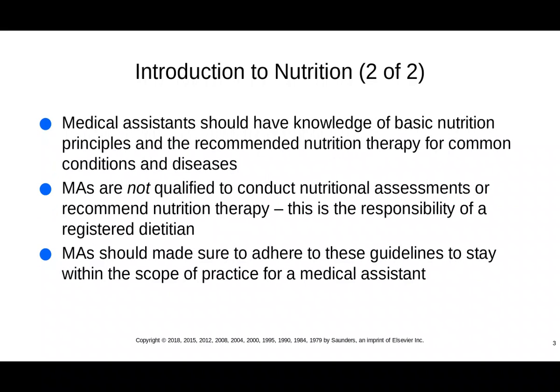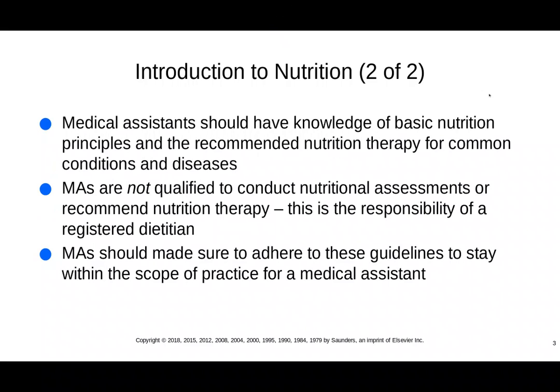Medical assistants should have knowledge of basic nutritional principles and the recommended nutritional therapy for common conditions and diseases. While MAs are not qualified to conduct nutritional assessments or recommend nutrition therapy, because this is the responsibility of a registered dietitian usually, or a physician, or other mid-level provider, MAs should make sure to adhere to these guidelines to stay within the scope of practice for a medical assistant.